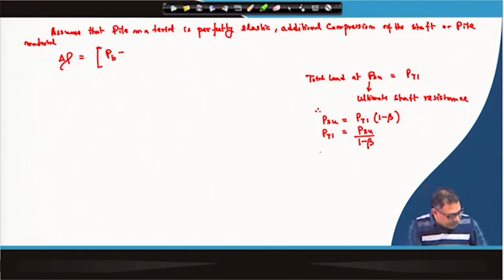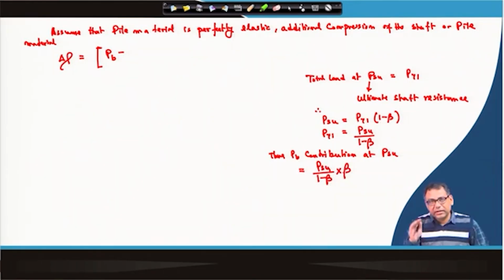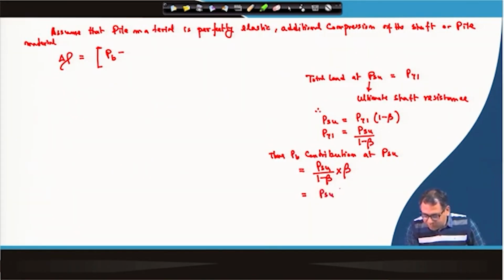So the P b contribution at PSU will be PSU divided by 1 minus beta, then into beta, that is the beta portion transferred to the tip. So this is PSU beta divided by 1 minus beta.